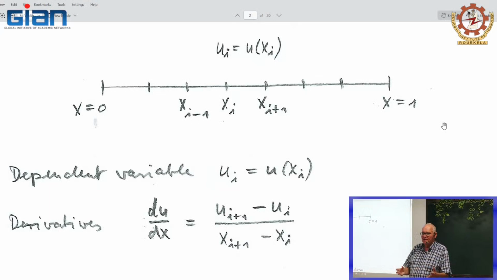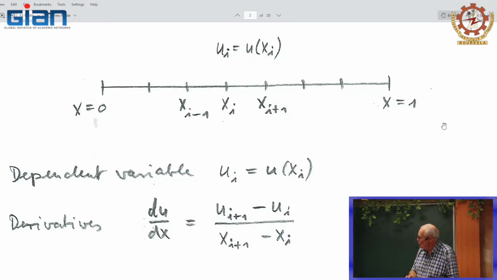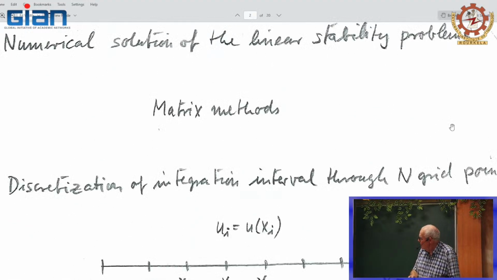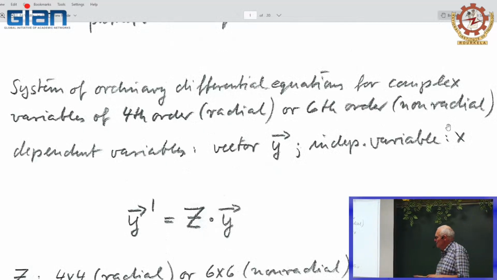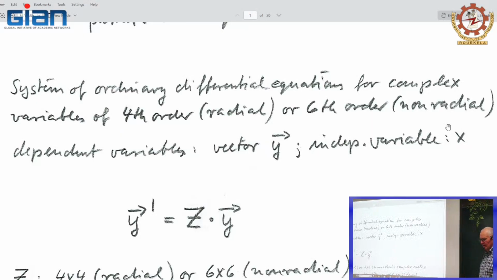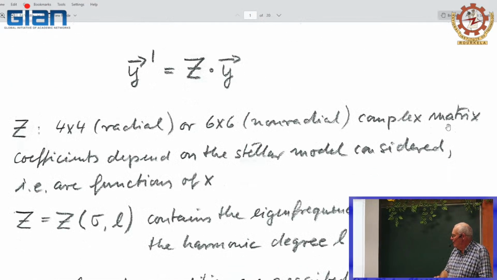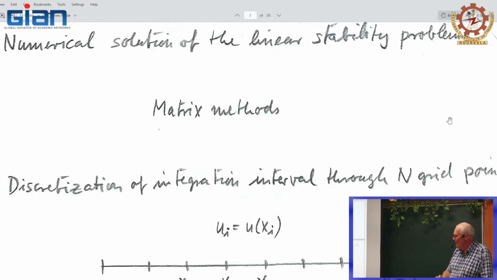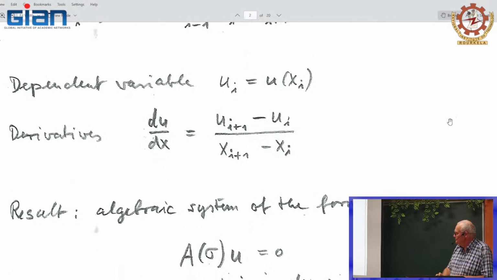This is the simplest way to represent the derivative which occurs on the left-hand side of our equation, the y dash. The y dash contains derivatives, and these derivatives may be represented simply by differences of the dependent variables at two neighboring grid points.